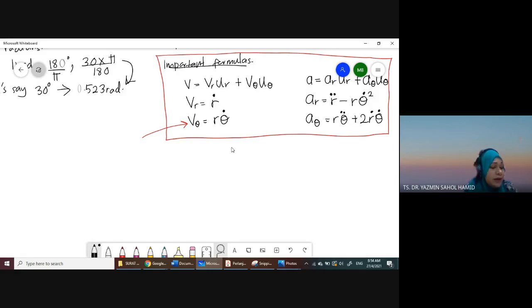So a good example that I can give you is, let's say we have a satellite. This is an example of radial and transverse. Let's say I am drawing here a satellite dish.